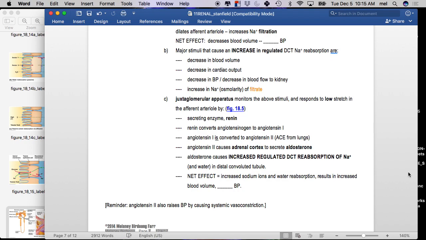We know what renin does. It converts angiotensinogen to angiotensin 1. And then what converts angiotensin 1 to angiotensin 2? ACE from the lungs converts angiotensin 1 to angiotensin 2. But even more important in this part of the story is that angiotensin 2 will cause the release of aldosterone.